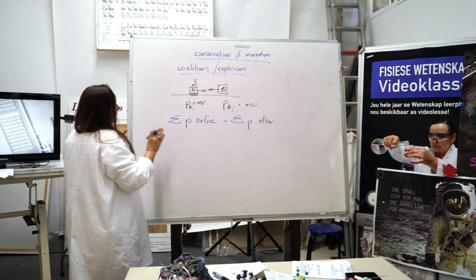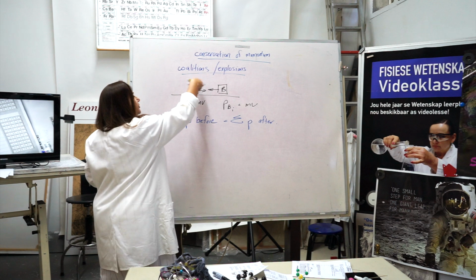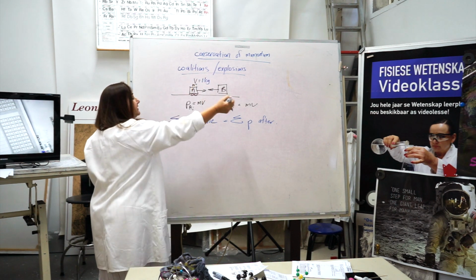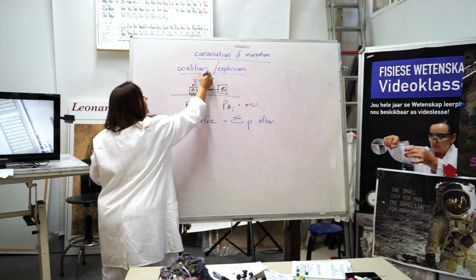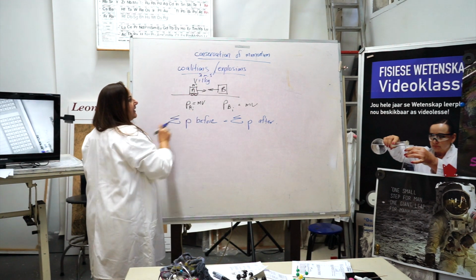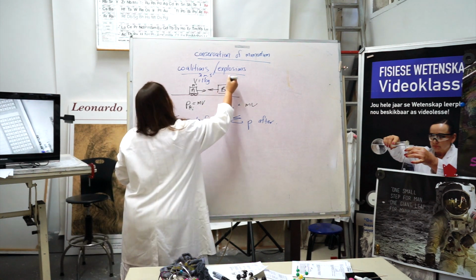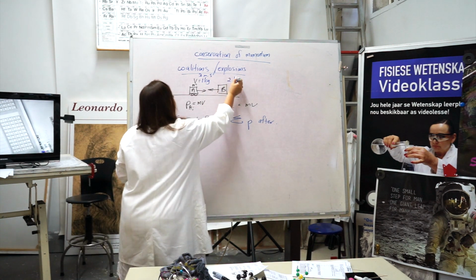Now we could go again. Let's say now this trolley's mass equals 1 kilogram, and it was moving at a velocity of 3 meters per second. And the second trolley or car's mass, let's make that 2 kilograms.